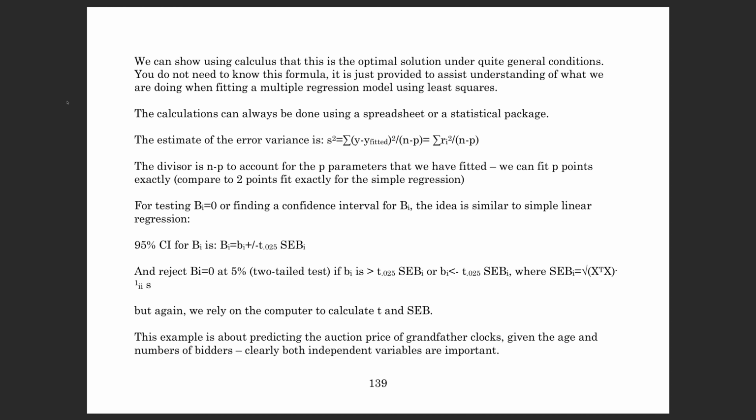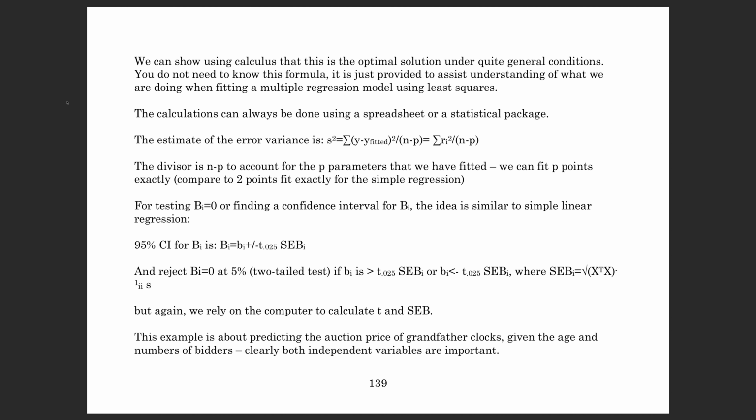We take the square root of the ith element. That means the diagonal element. So again, we're going to use a computer to calculate both the t-statistic and the standard error of bi. We don't need to do this ourselves, but essentially we're using the same conceptual framework as with simple linear regression.